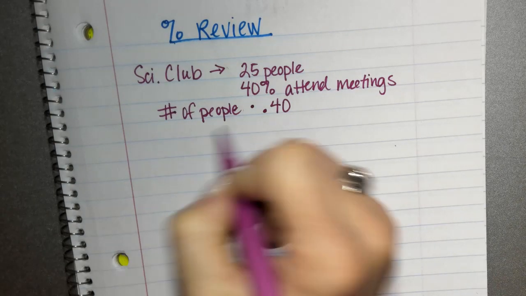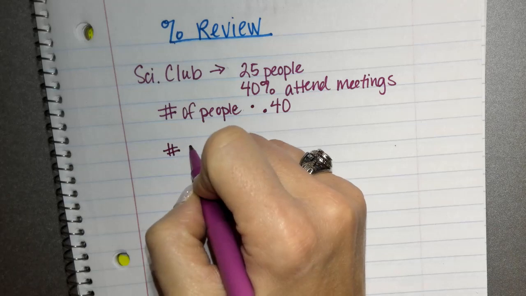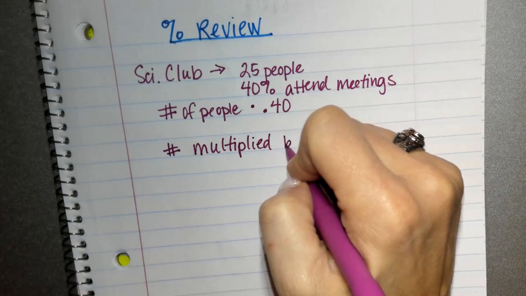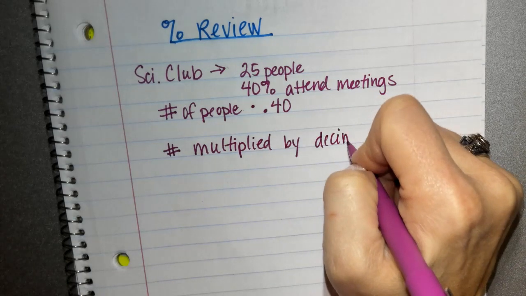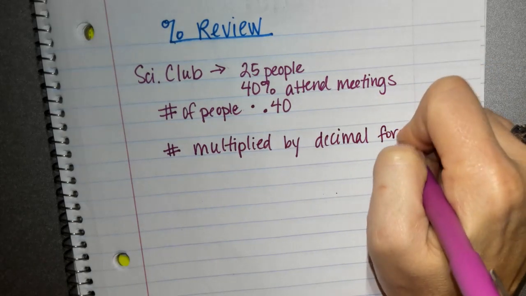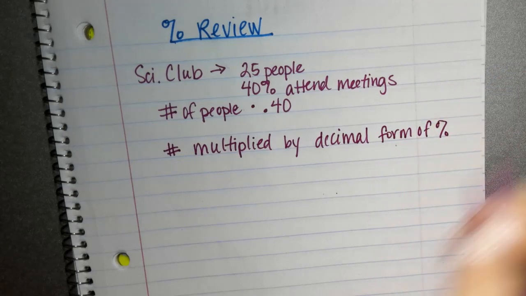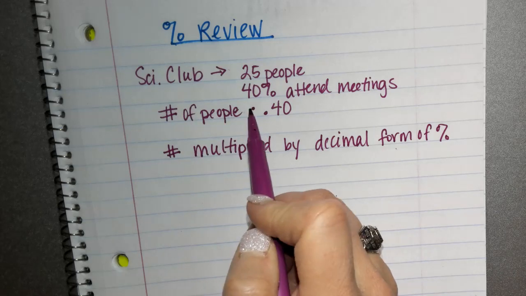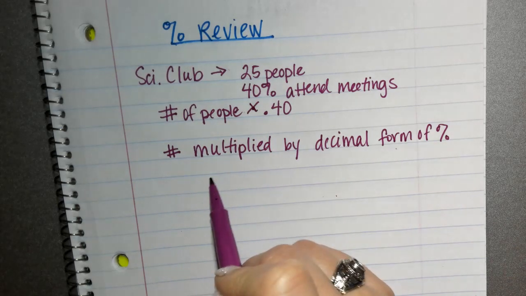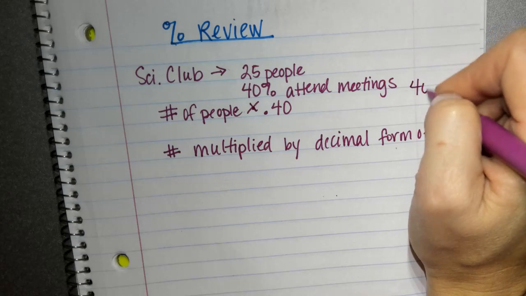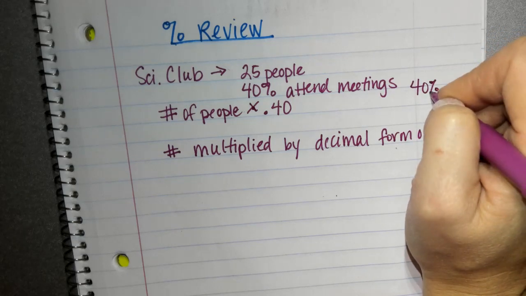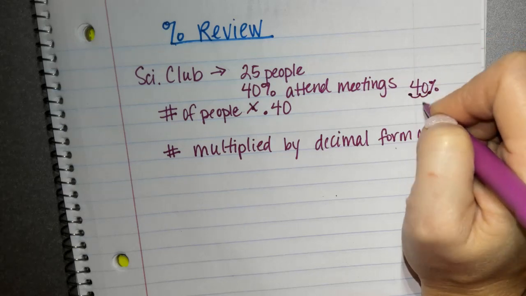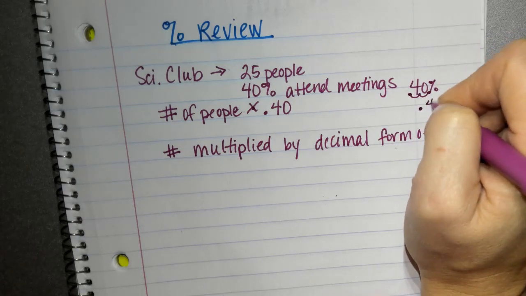So the number multiplied by the decimal form of the percent. In this case, you would have the number of people times 0.40, because for 40%, we take the decimal on the end of 40 and move it over to the left 2 times, and we get 0.40.